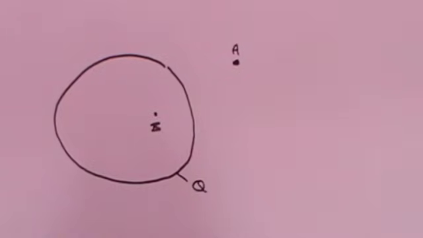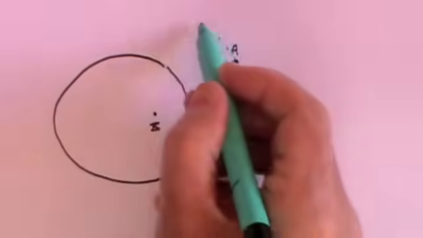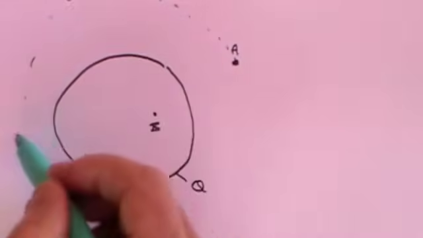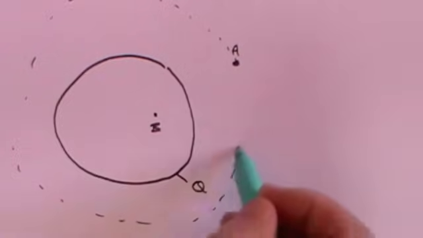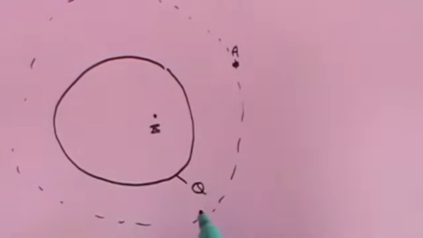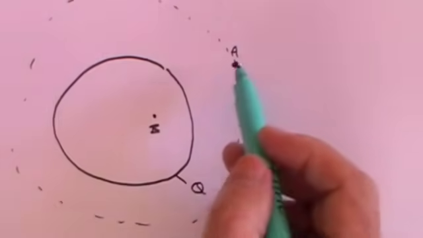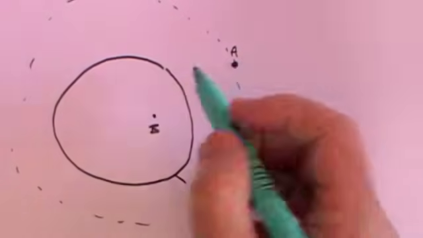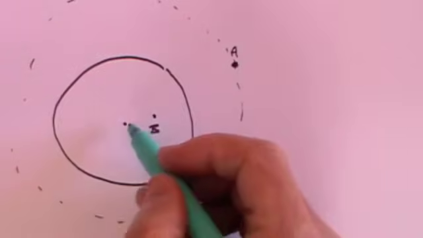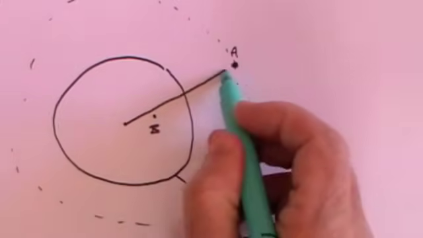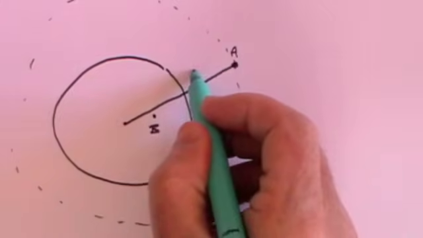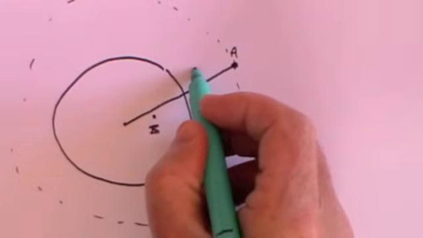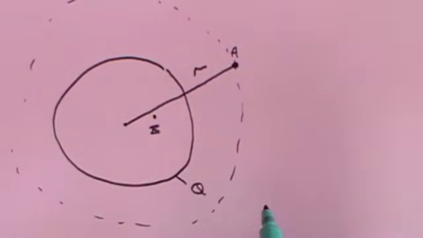Well, Gauss's law tells us that I can construct a sphere. This is the imaginary sphere, or if you like, the plastic sphere, around the charge in such a way that A, the point that we are interested in, is on that sphere. And the total distance from the centre of the sphere is, let's say, R. Now, what does Gauss's law tell us?